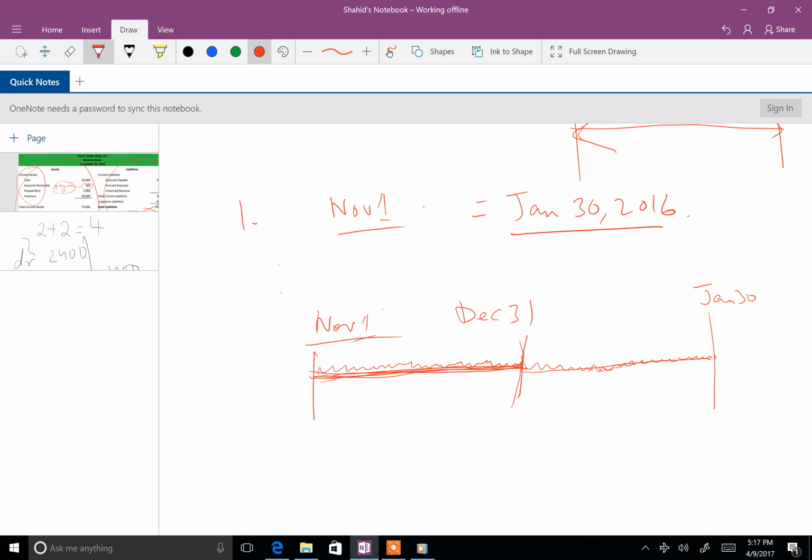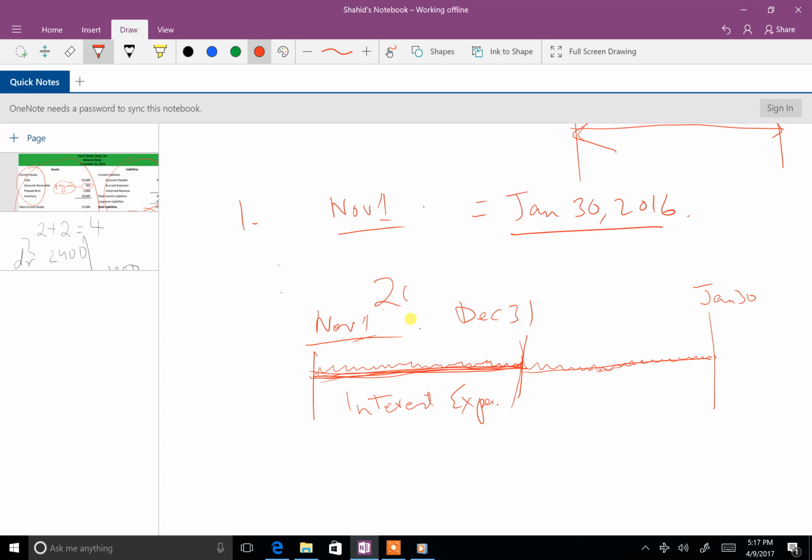You must be selling something, so you have revenues and you have expenses. But you were accruing interest expense during this time because of the passage of time. So interest, I always spell it wrong. Interest expense.